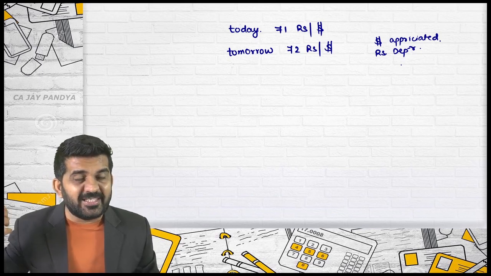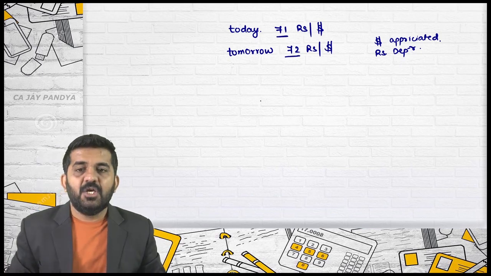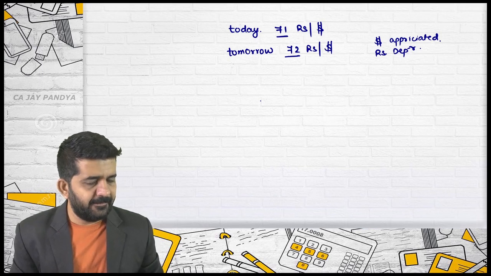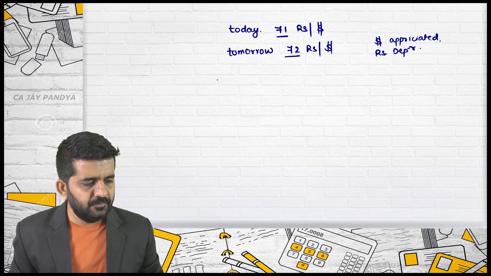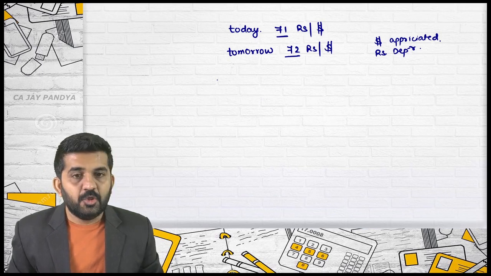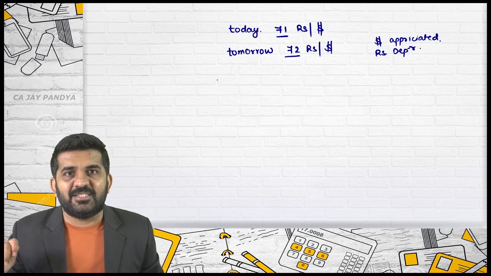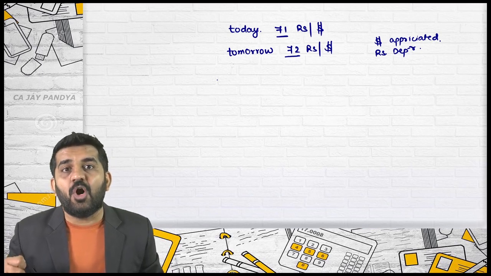Why rupee has depreciated? 71 is becoming 72 rupees. Why rupees has depreciated? Stuti? Sir, because we will have to pay more rupees for $1. You will have to pay more rupees for $1. And 71 and 72 is value of dollar and not value of rupee.